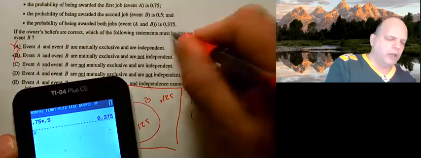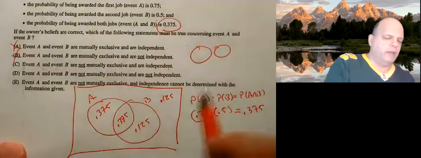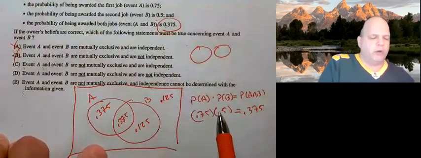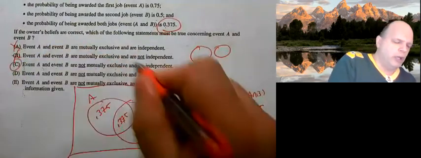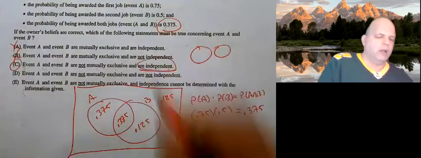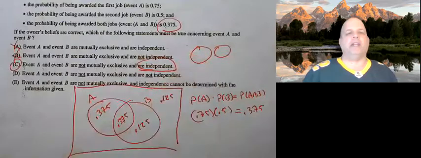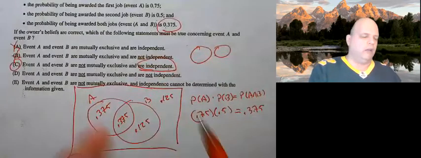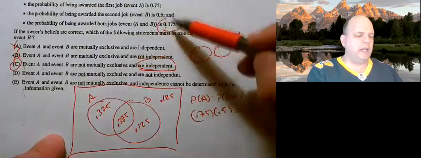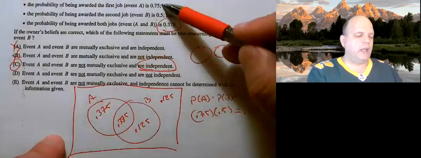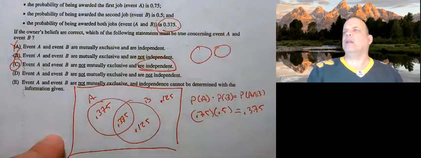And up here, they told us that intersection is 0.375. Because these two multiply to equal the intersection, they are independent. Remember, if you have any overlap, they cannot be mutually exclusive. In this case, we have an overlap of 0.375, and A times B equals the overlap. And if A times B equals the overlap, then they are independent. All right, that concludes this one.